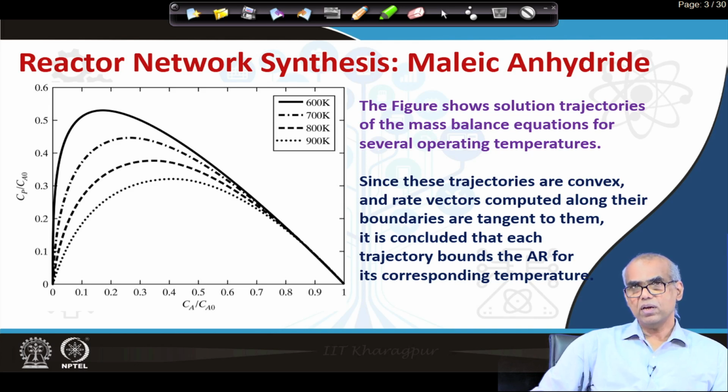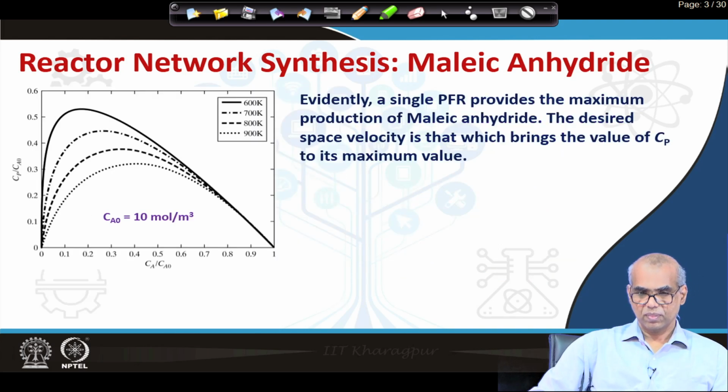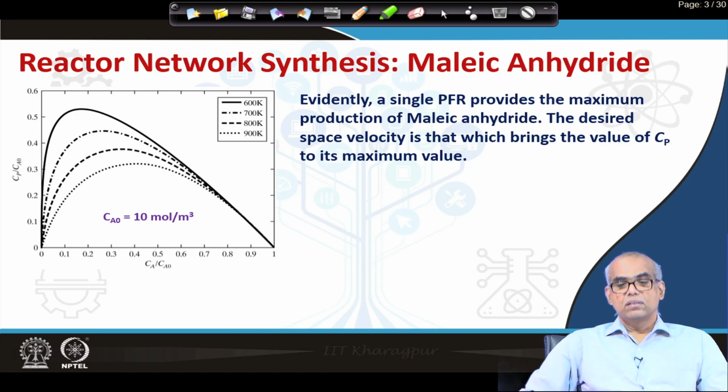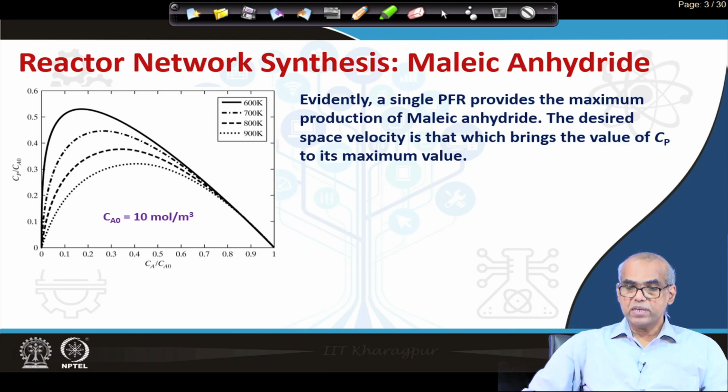So, we have obtained our attainable region. These cannot be further expanded. So, we have obtained for individual temperatures the attainable region for the packed bed reactor, which is being modeled here as a plug flow reactor. So, a single plug flow reactor provides the maximum production of maleic anhydride here.